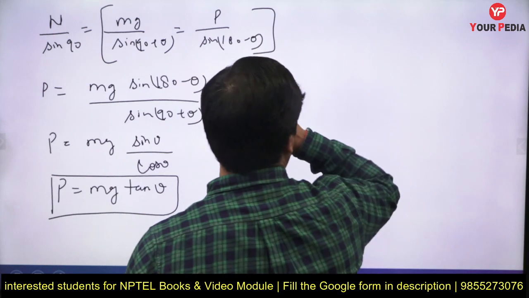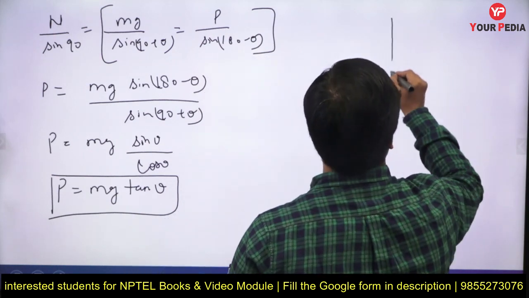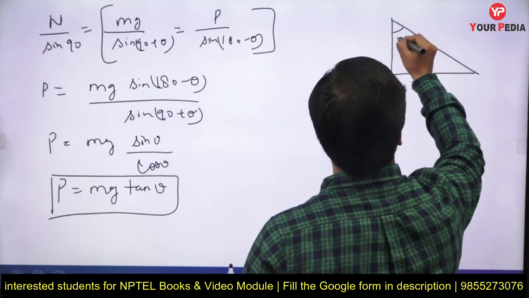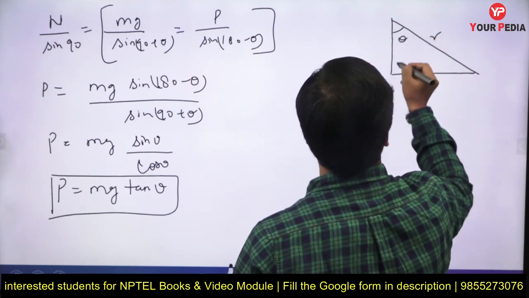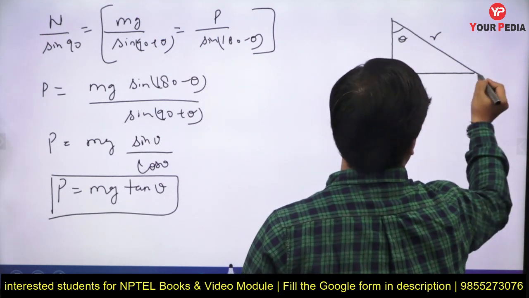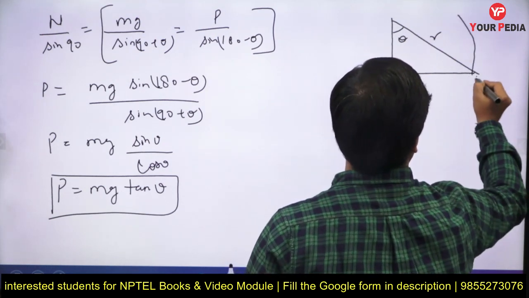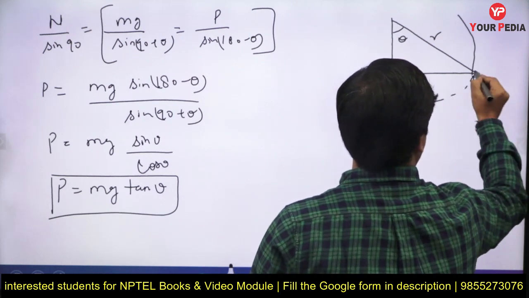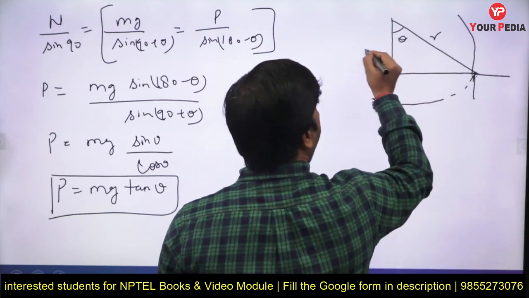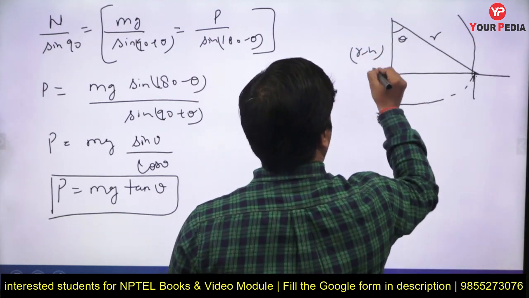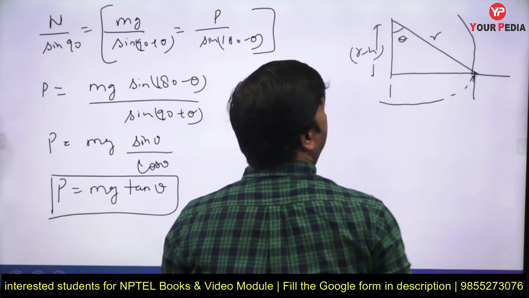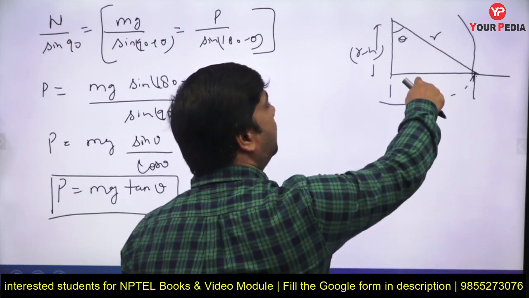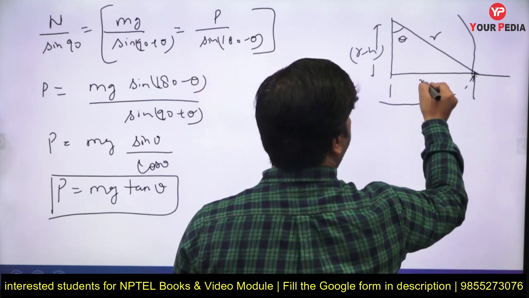If I look at this theta, it is the angle between r and this side, if you remember the diagram like this. This length is r minus h. I have to calculate theta. For theta we need the hypotenuse and perpendicular also. Let us take this as x.